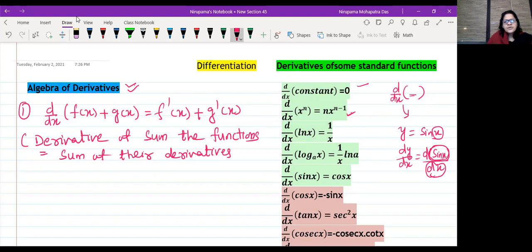So it means if you have 3, 4, 5 functions also, instead of 2 functions, still the formula will be valid.